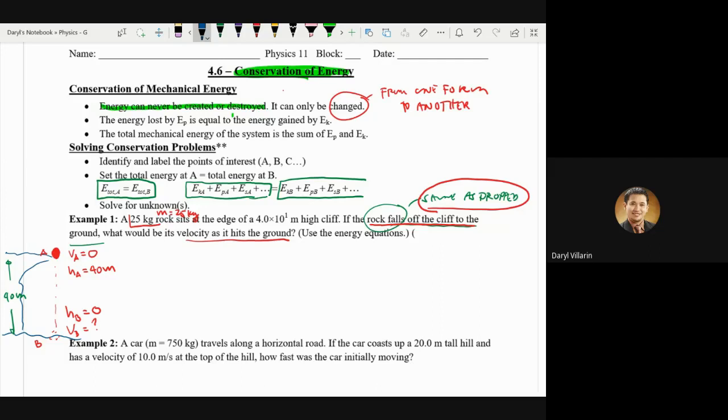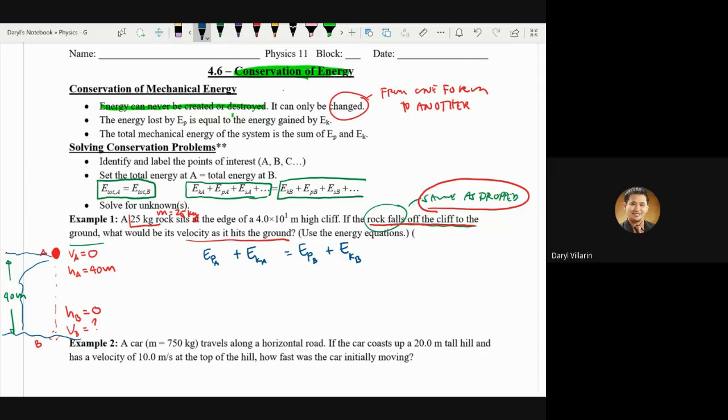So in this particular case, what would be the total energy? Well, it would be potential energy at A plus the kinetic energy at A, and that should be equivalent to the sum of the potential at B plus the kinetic at B. So you're just talking about here gravitational potential energy and kinetic energy.